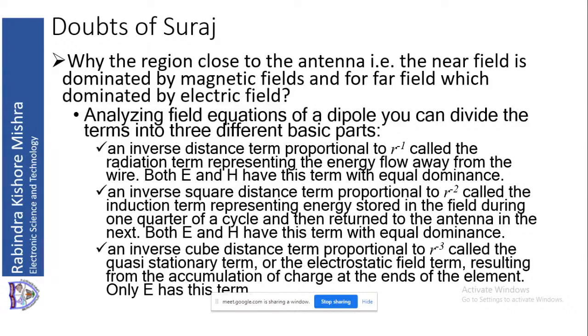What is the reason for this? In pre-university classes, plus 2 science, I expect that you have read the field due to a dipole, two opposite charges separated by a small distance. The electric field intensity due to this arrangement varies as 1 by r cube.